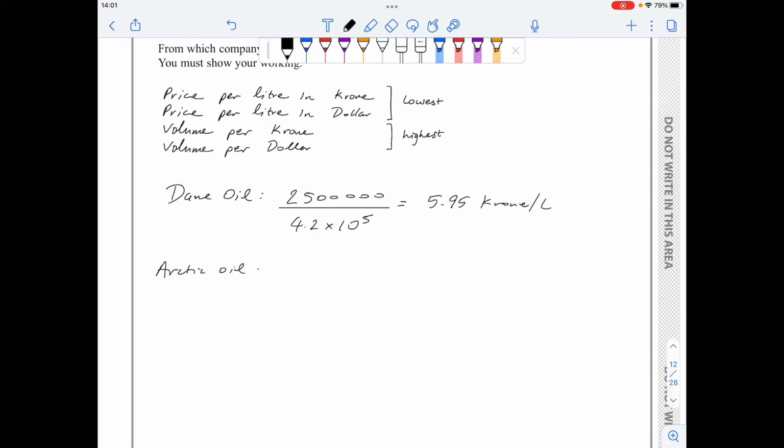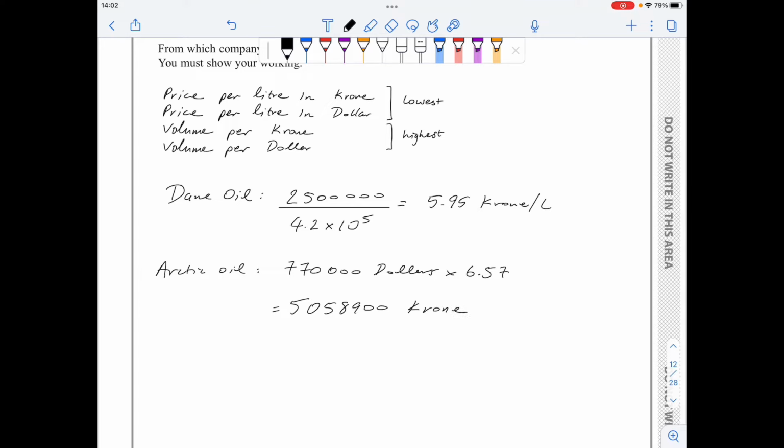And for the Arctic oil, I'll start by converting the amount, which is $770,000 times 6.57, and this is equal to 5,058,900 krone. And then I'll repeat the procedure.